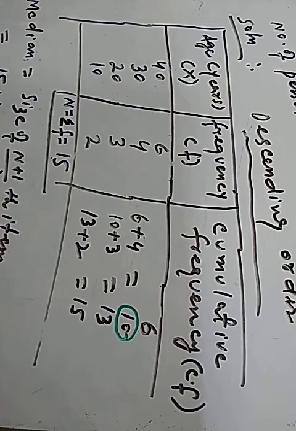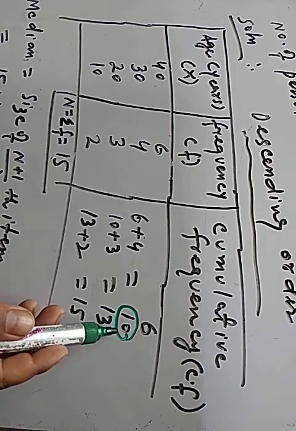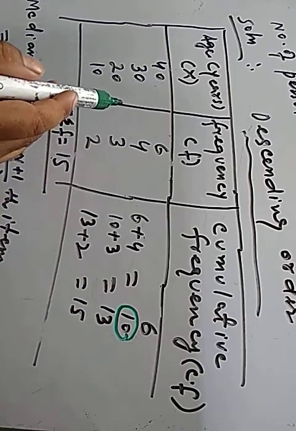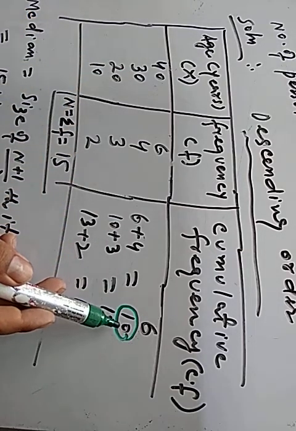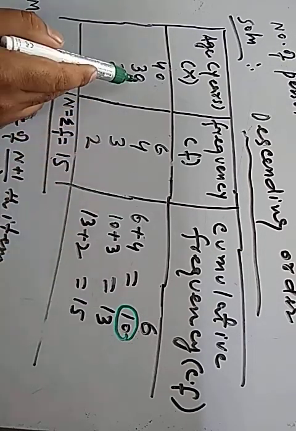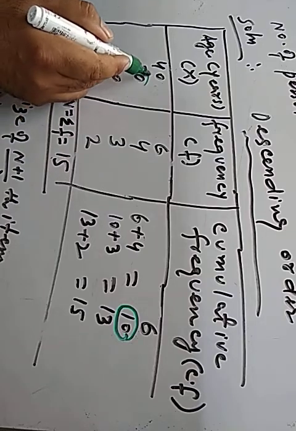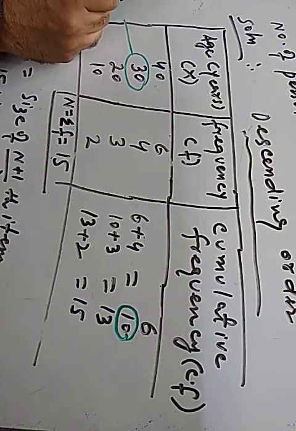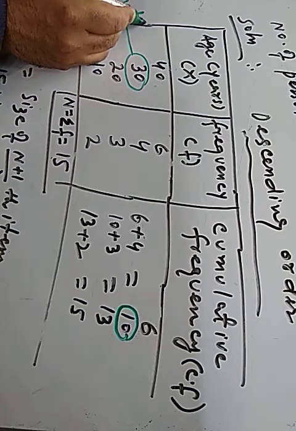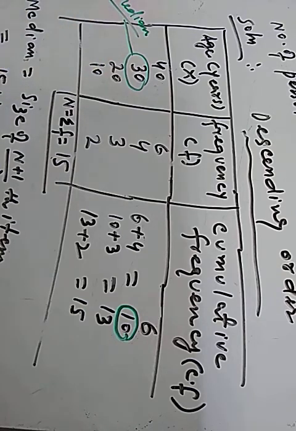And on the basis of this value of cumulative frequency, we can look at the value of median from the values of variable, and this cumulative frequency equal to 10 is the cumulative frequency of the variable which is equal to 30 years. Therefore, median size is equal to 30.